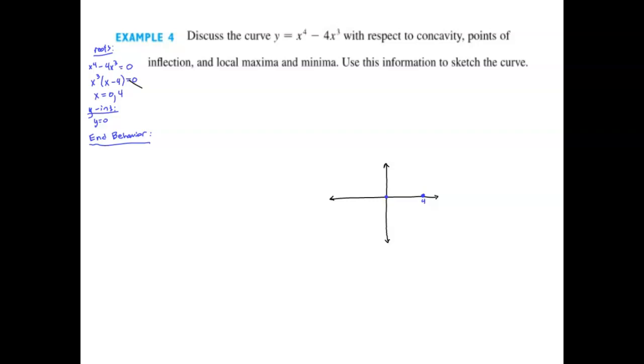All right. Technically, when we're finding end behavior, we're taking the limit as x goes to positive and negative infinity, and you're kind of telling me what's going on with the function. So in this case, this is a polynomial of degree 4. So you know that the ends are either going to both be opening upwards or downwards because it's an even degree polynomial.